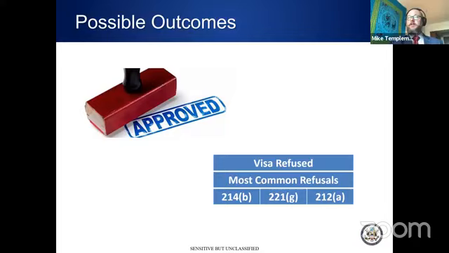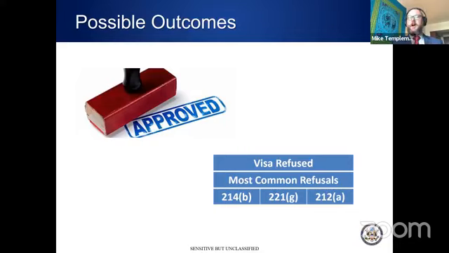Either your visa will be approved, or your visa will be refused, and refused with a particular refusal law associated with it, or it could be refused 221(g), which is administrative processing, meaning it cannot be issued until or unless you submit some additional information or documentation.